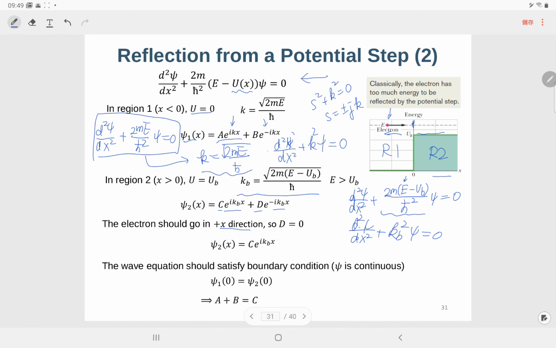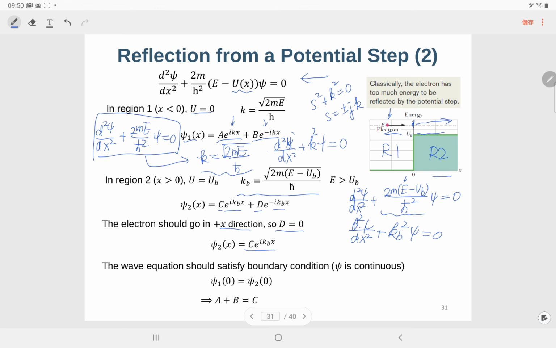So this goes in the positive x-axis, and this goes in the negative x-axis. But after the electron goes through, it will only go to the right side. It will not go back because the right side doesn't change. So in that case, we will assume that d equals 0, and the only remaining term is the first term.